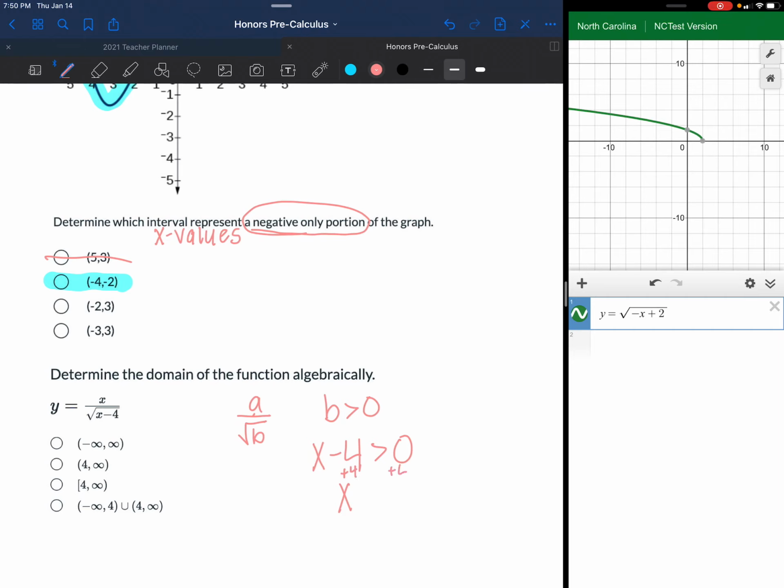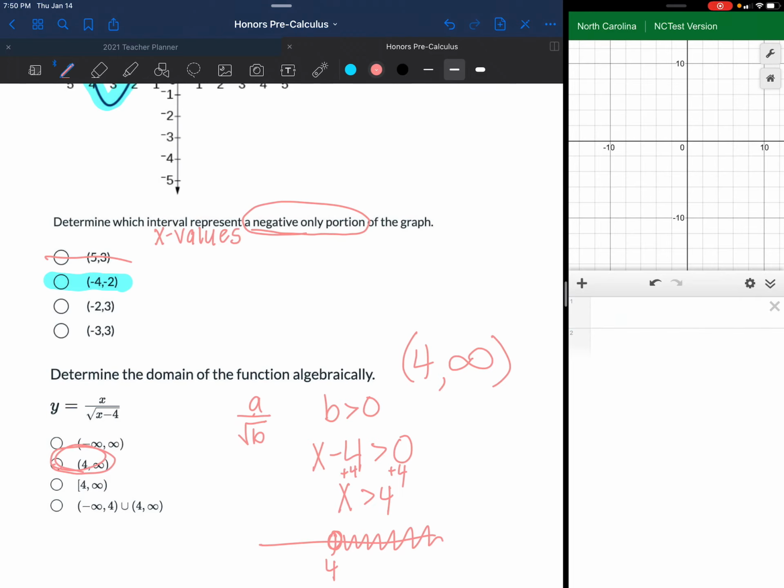So if we add 4 to both sides, x has to be greater than 4. So number line 4, it can't equal 4, but it's going to be greater. So we're going to go 4 to infinity, making the correct answer B, or the second one.